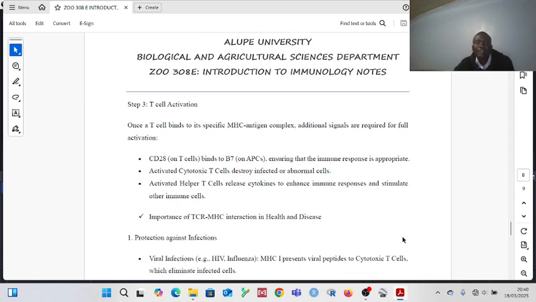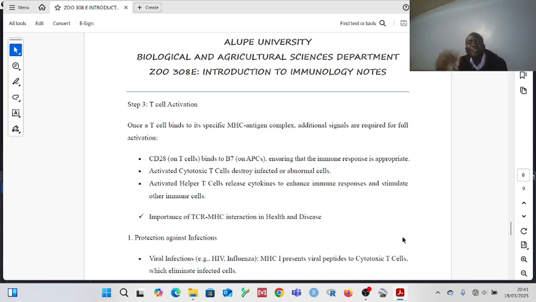Okay. Now, once the signal that is required for full activation happens, then the activated cytotoxic T cell will now destroy the infected or abnormal cell. Then equally, the activated helper T cell will release cytokines so that they can enhance immune responses.